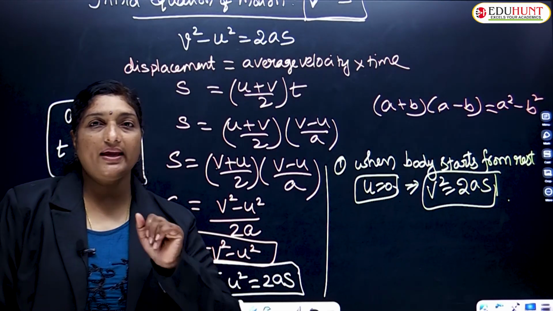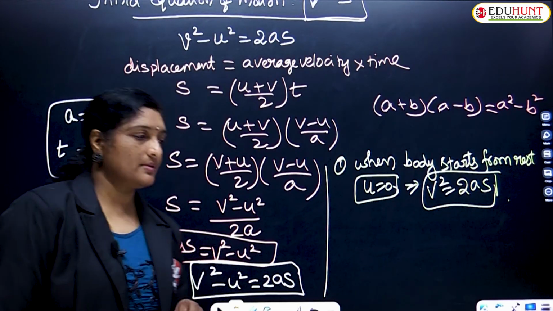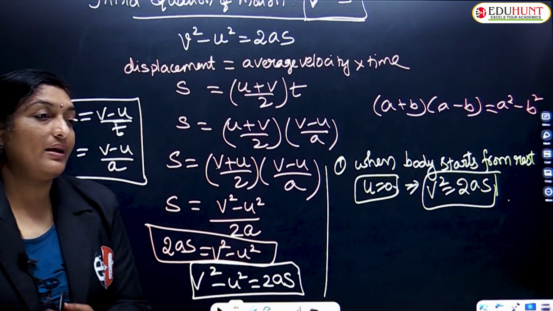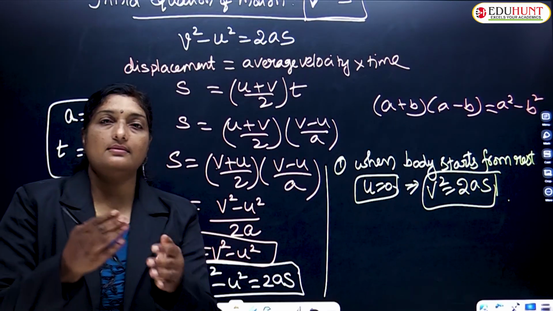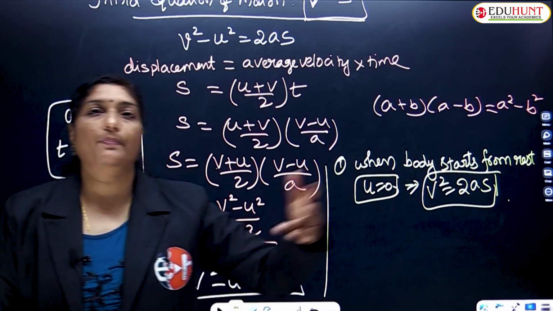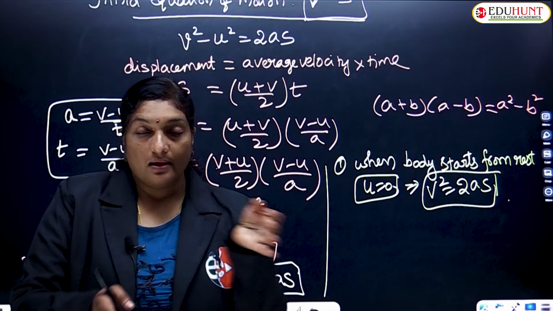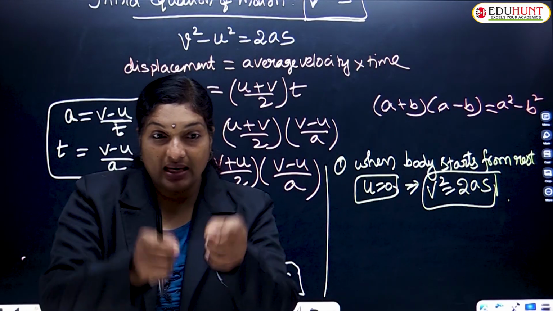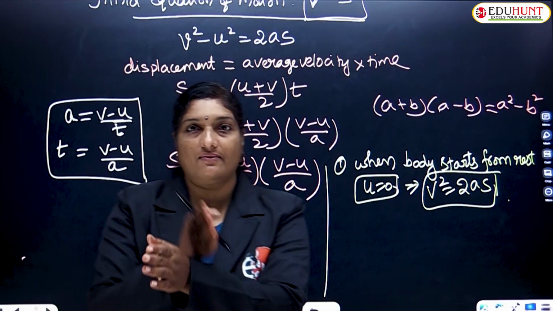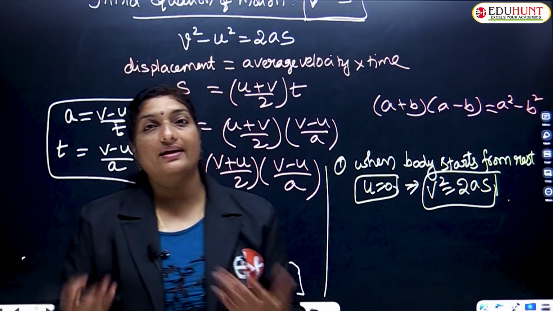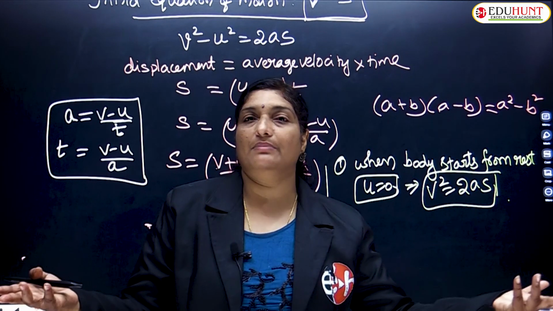Okay. Moving ahead, one more interesting topic. The body may cover some particular distance in some time, and another particular distance in some other time. For example, in 2 seconds the body has covered 3 meters and in 5 seconds the body would have covered 7 meters.